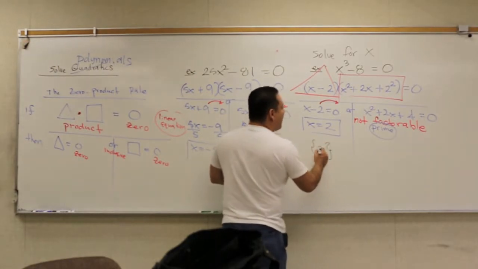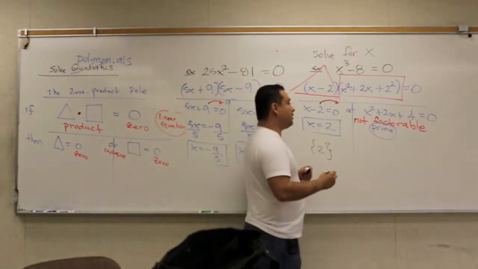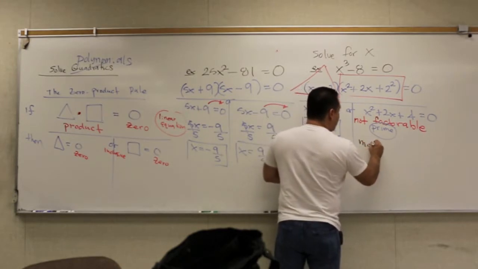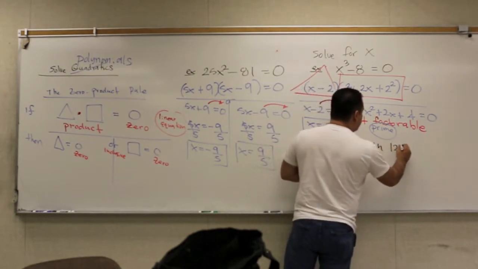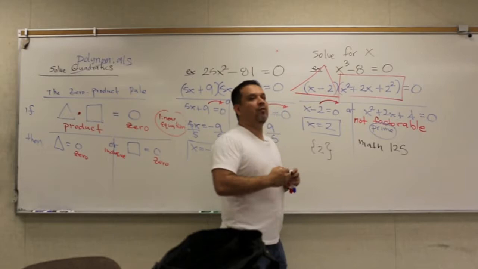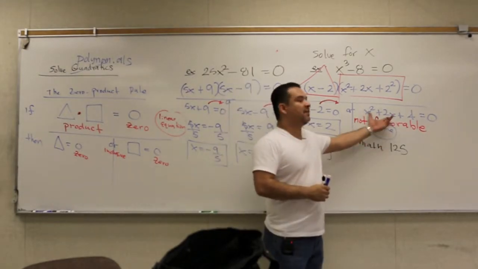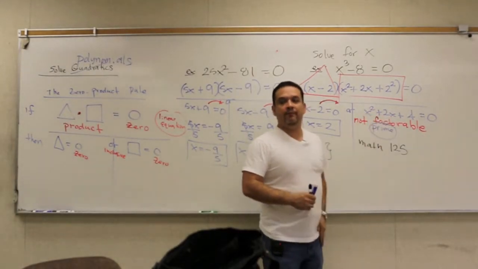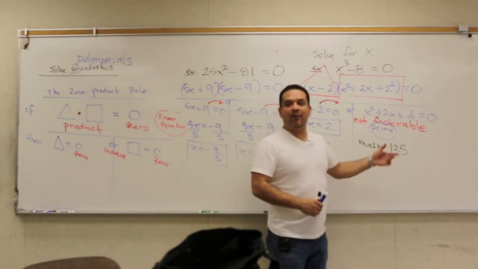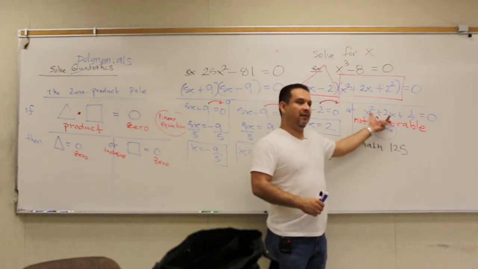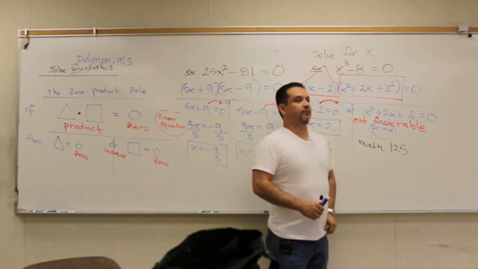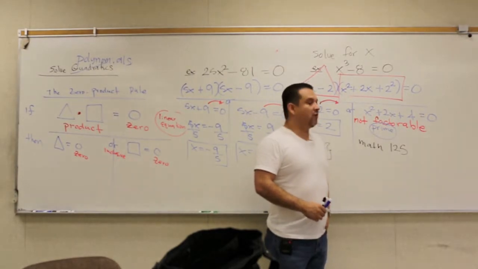If you're in Math 125, which is not this course, if you take an intermediate algebra course, they're going to show you how to solve this thing when it's not factorable. So you have to pay more fees and take more courses to get that knowledge. Okay? So that's good and bad news.